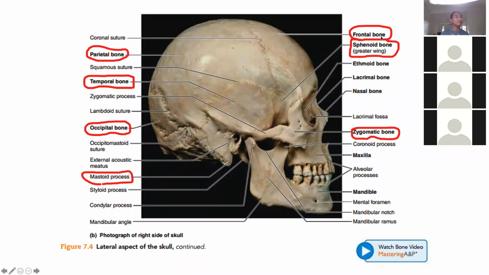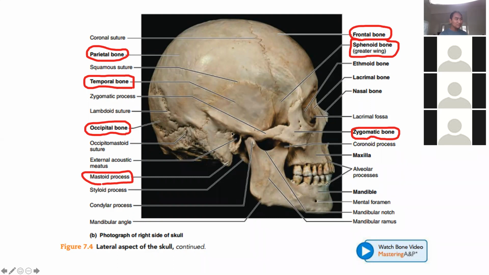Frontal bone here at the forehead, occipital bone at the back, occiput here at the back. Parietal bone, where is parietal bone? Is here on the side. And now you can appreciate the temporal bone, where there is a junction between the temporal and the parietal bone.